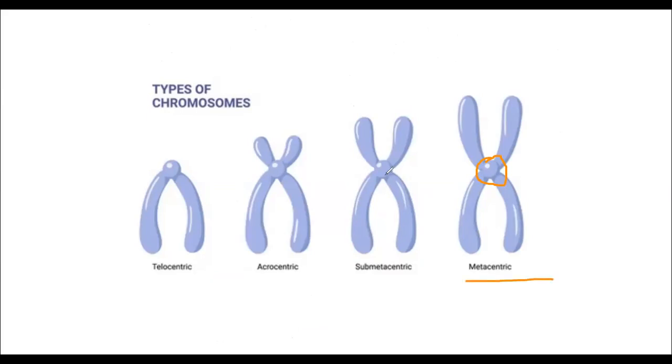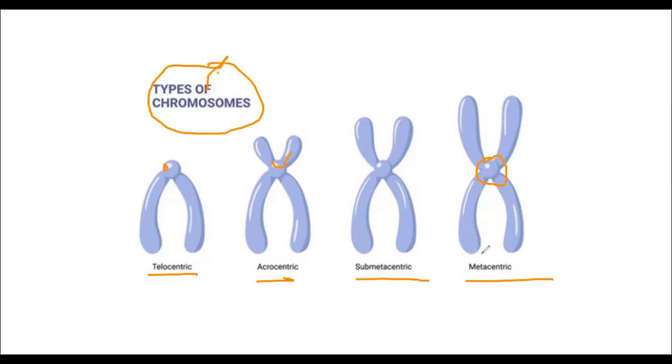If it is away from the center, either towards the top or towards the end, submetacentric. If it is near the ends, near the telomere, acrocentric. If it is at the tip, like this, then the chromosome will be a telocentric chromosome. So these are the types of chromosome on the basis of position of the centromere.